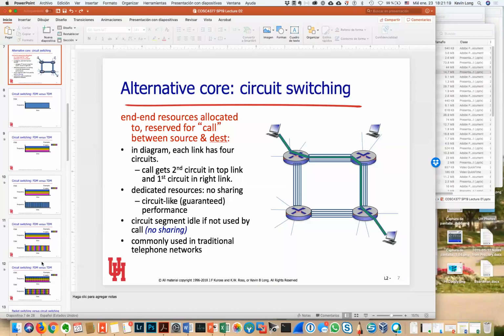So there must be a way to marry these two things up. And you can, if you have enough tools and enough luck. Even if you don't have the tools, you can make the internet behave like a circuit switch network enough to satisfy the requirements of the user.